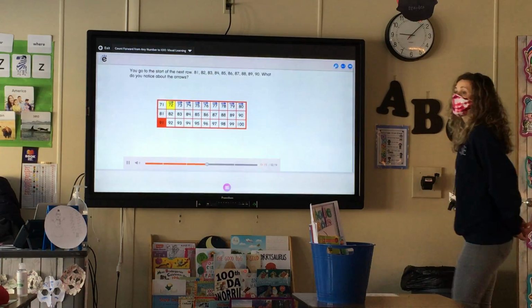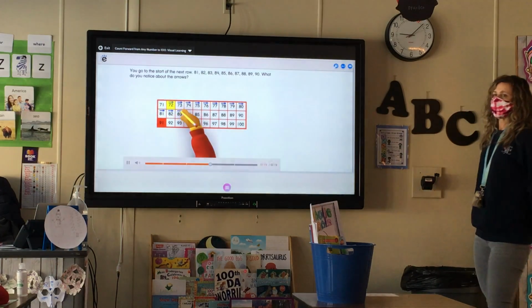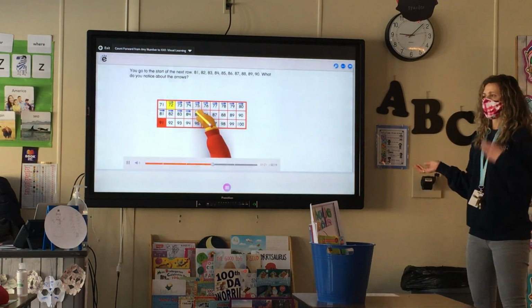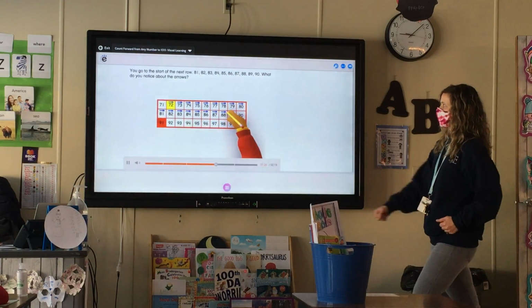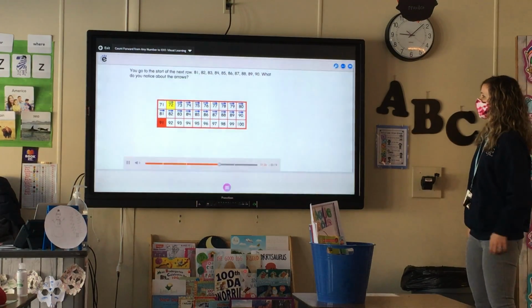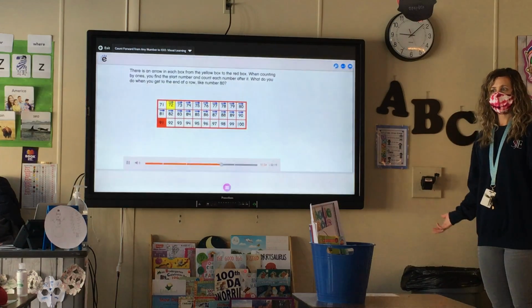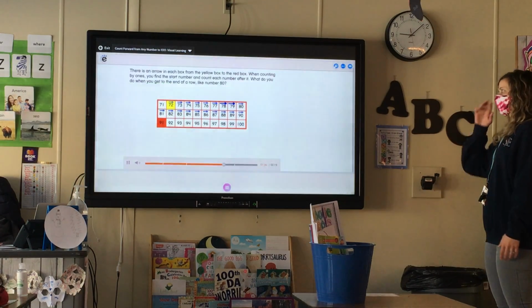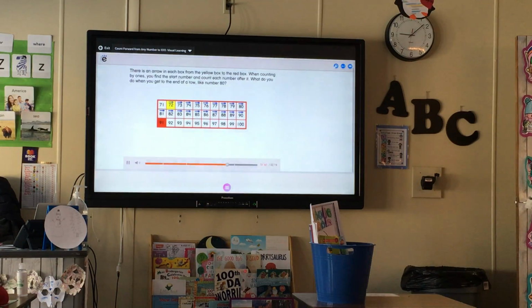Yeah, go to the start of the next row. 81, 82, 83, 84, 85, 86, 87, 88, 89, 90. What do you notice about the arrows? They're all pointing to the right. There is an arrow in each box from the yellow box to the red box. When counting by ones, you find the start number and count each number after it.